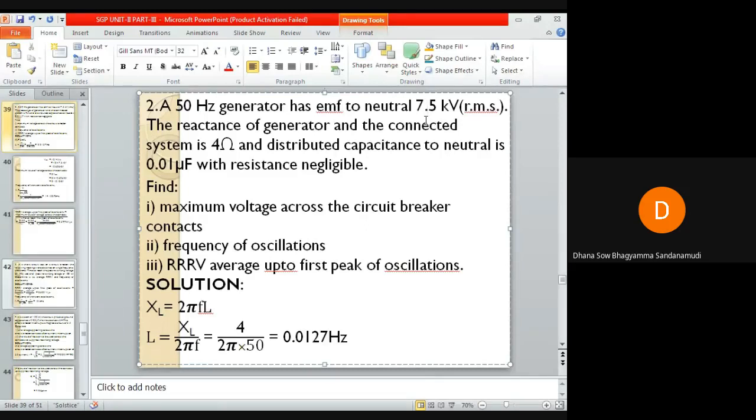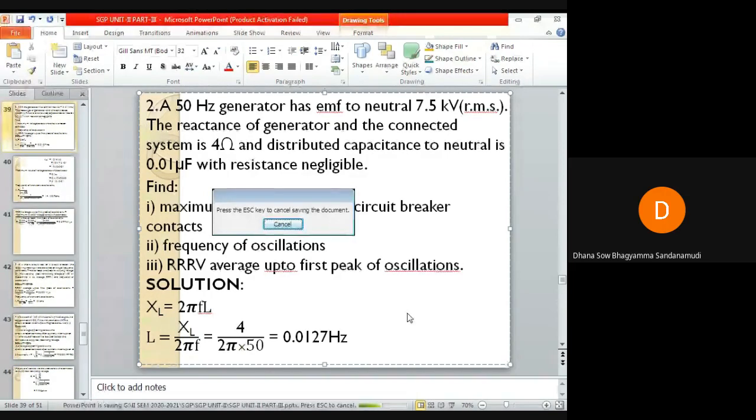It doesn't matter whether it is 75 or 7.5, you are going to solve it anyway. It is 7.5 kilovolts. Just make a modification in your notes. Put a point in between the 7 and 5.